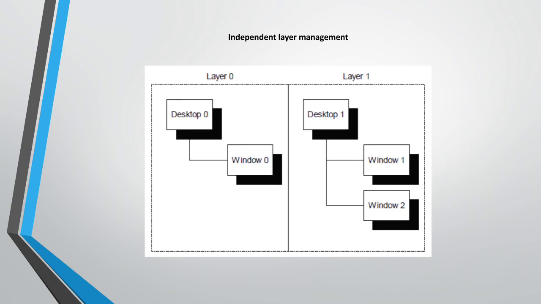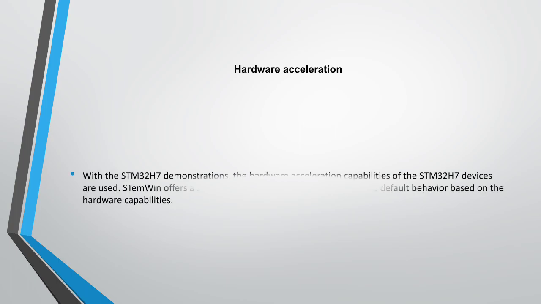Let's quickly move on to the next performance feature, that is hardware acceleration. With the STM32H7 demonstrations, the hardware acceleration capability of STM32H7 devices is used. STemWin offers a set of customization callbacks to change the default behavior based on the hardware capabilities. So let's look into hardware JPEG decoding.